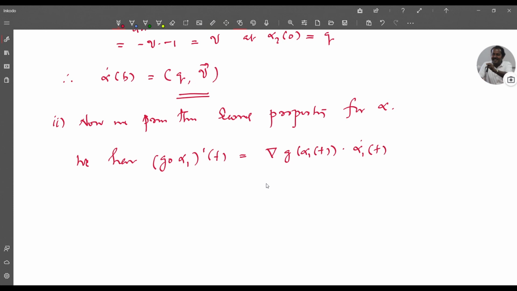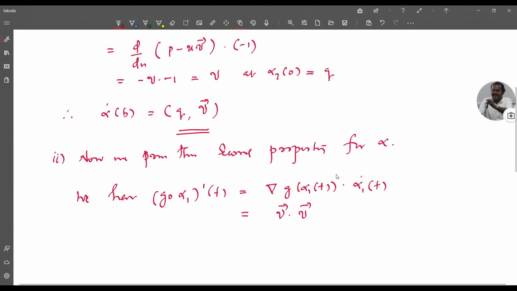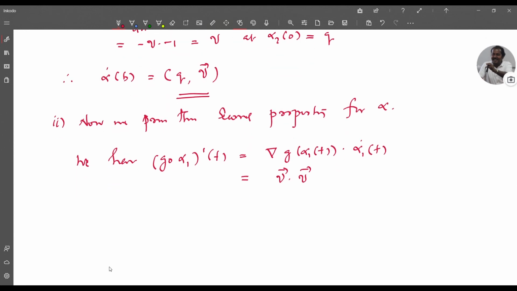So you know that del g at alpha 1 of t is V, acting at alpha 1 of t. So this is actually V dot V, since alpha 1 dot of t is V, because you know that alpha 1 is P plus tV. So this is greater than 0.